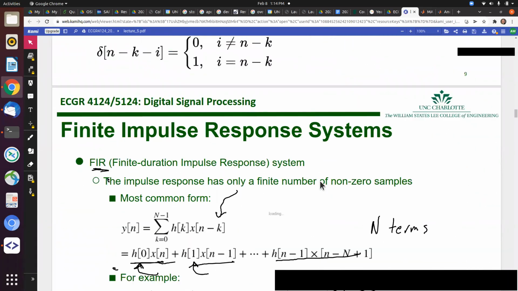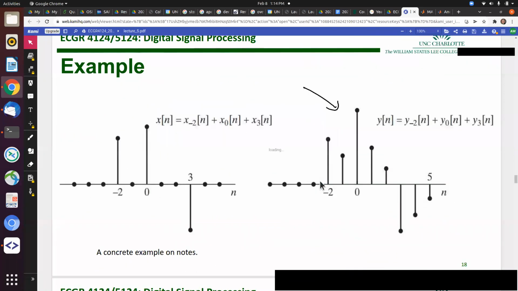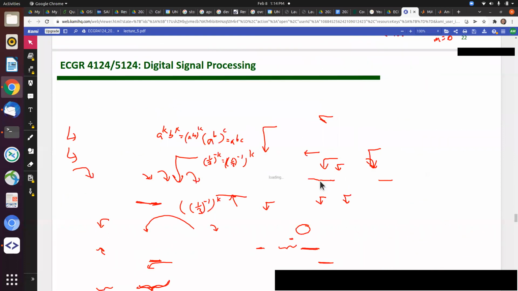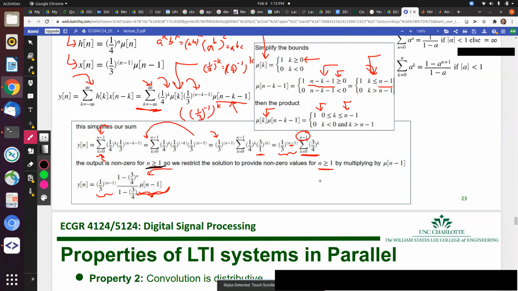All right, so there are the last few slides here that we want to talk about. We're getting into the mathematical manipulation at this point. There was one question at the end of last class about this. How do we know that we're restricting our solution to n greater than or equal to 1?